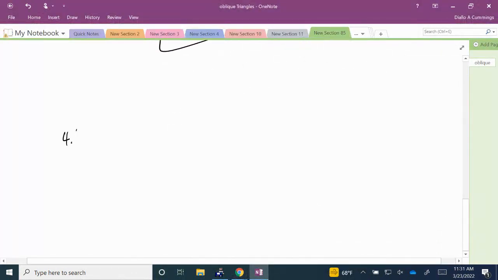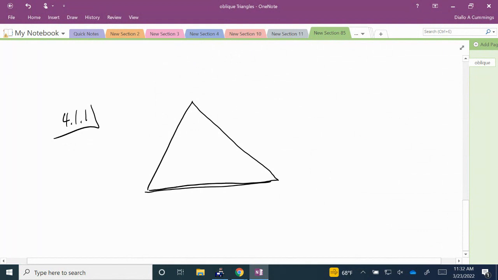All right, so this is 4.1, number 1. So I'm going to simply draw out a triangle. So this is not drawn to scale.